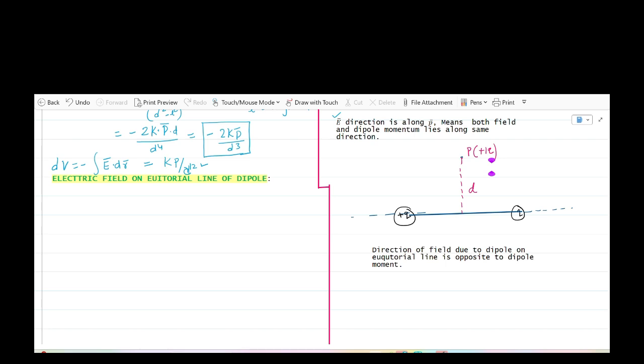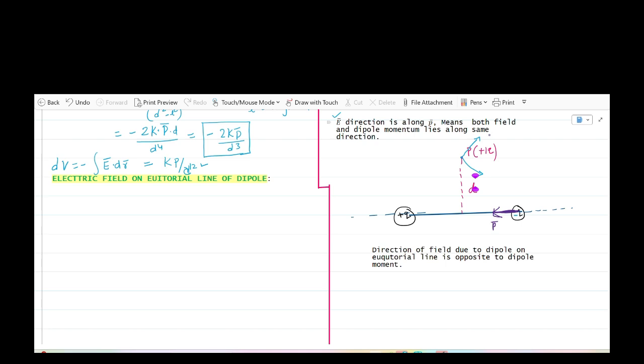So if you see here, I want to find the field of the dipole. This is the unit test charge. The field due to the positive charge is like this, and here the field due to the negative charge is like this. And the dipole moment is in this direction. This is the direction of dipole moment P bar, from negative charge to positive charge.